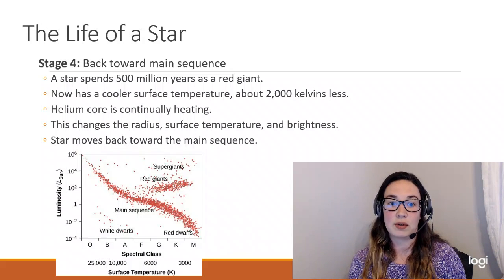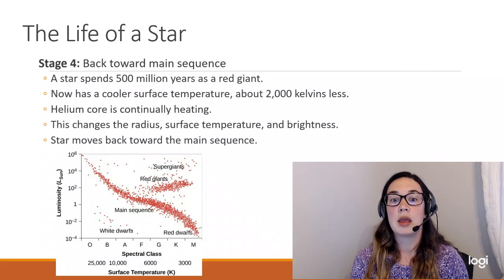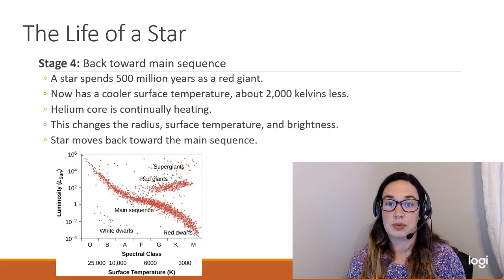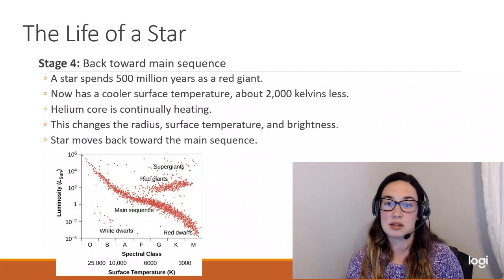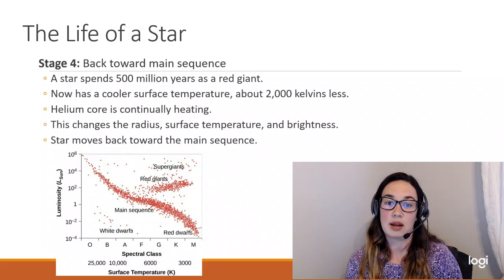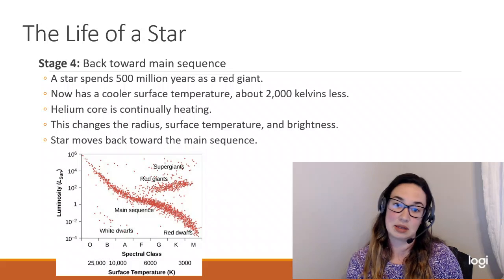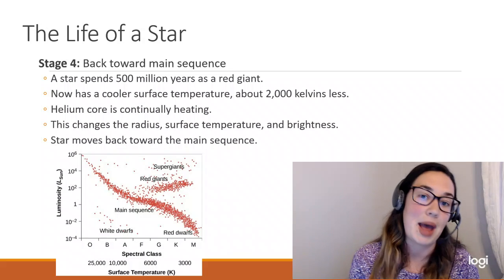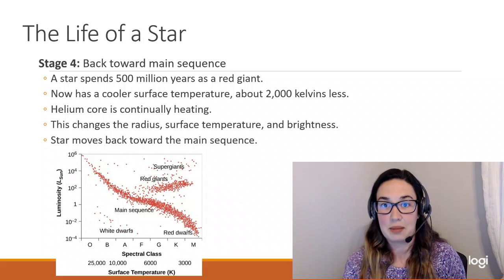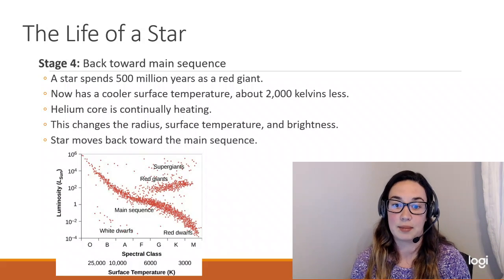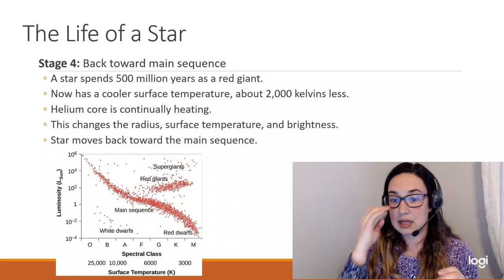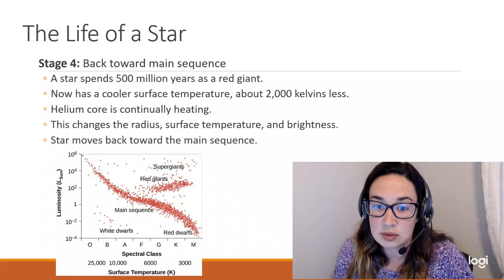So you still have a core that's continually heating. And this is going to end up changing the radius, the surface temperature, and the brightness. So because this is all happening, the star is changing back to that main sequence. So it's moving back to that main band that we can see on the HR diagram. And here you can see in this image our supergiants, so we can see our red giants.